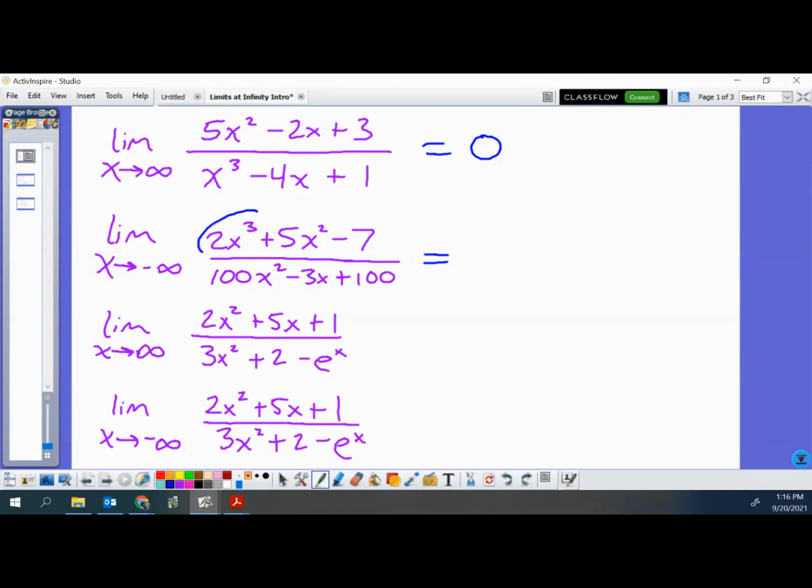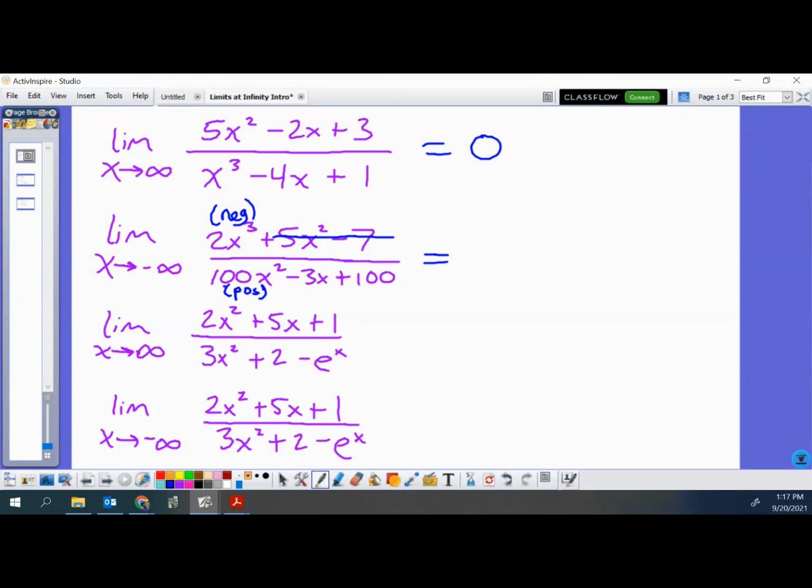So you want to think, okay, when I plug a really big negative number in on top, because it's 2x cubed, an odd power, that's going to be negative on top. And on the bottom, it's x squared. So when I plug in a large value there that's negative, the square is actually going to make it positive. And so I have a negative over a positive. That whole thing is going to come out negative.